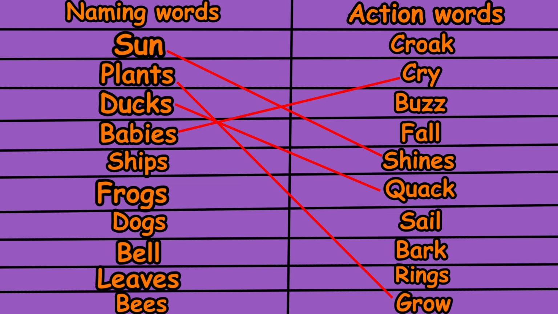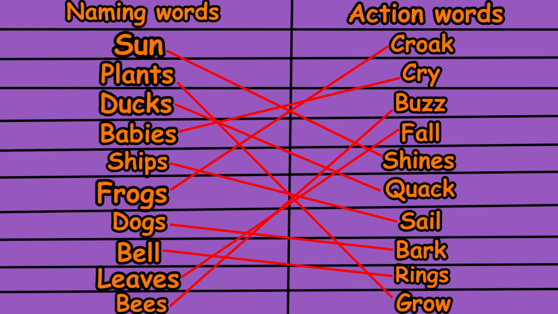Ships sail. A ship sails in the water. Frogs croak. The frog croaks. Dogs bark. A dog barks. Bell rings. The leaves fall. The bee buzzes.